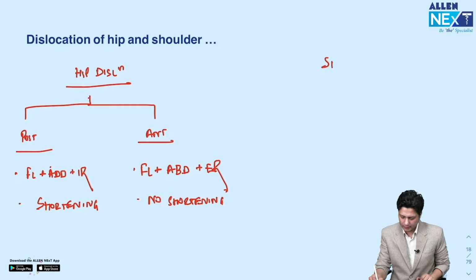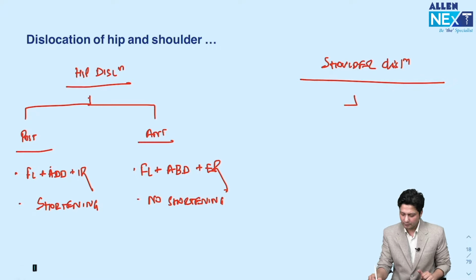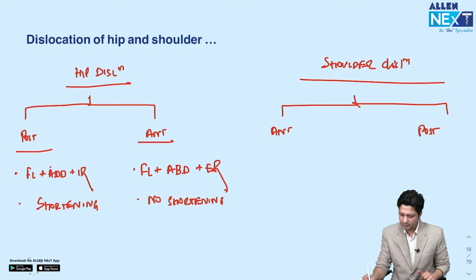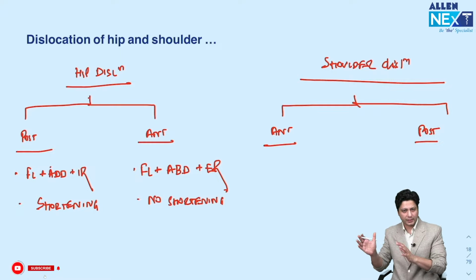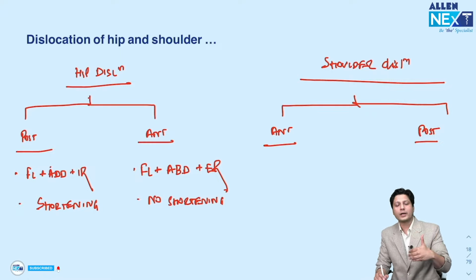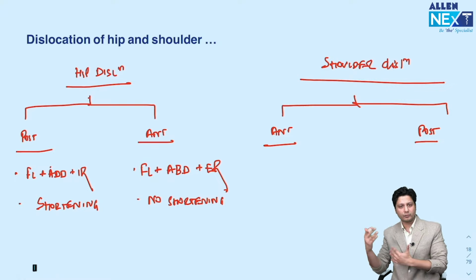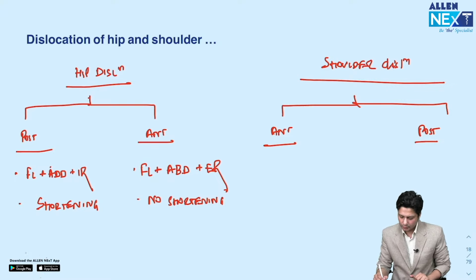Next is the shoulder dislocation. Again, shoulder dislocation is of multiple types like anterior, posterior or inferior type. But here we are going to talk about the two most critical ones, the anterior and the posterior one, on the basis of which you are going to differentiate it. So if there is anterior dislocation in the shoulder, then what is the attitude with which the patient will come? The attitude would be flexion, abduction and external rotation.